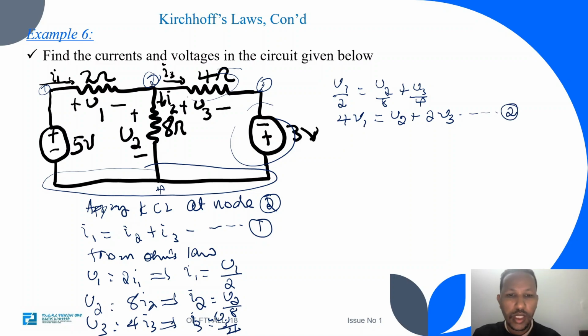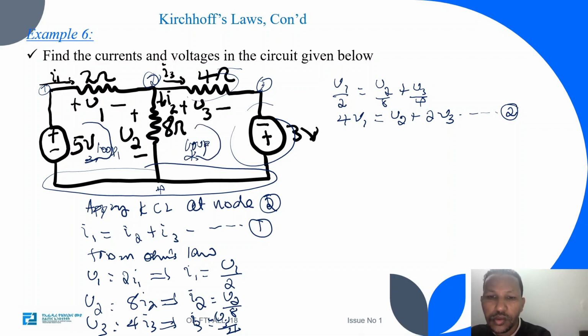Now applying KVL. Let's say this is loop 1, and this is loop 2. Let's apply KVL for loop 1.